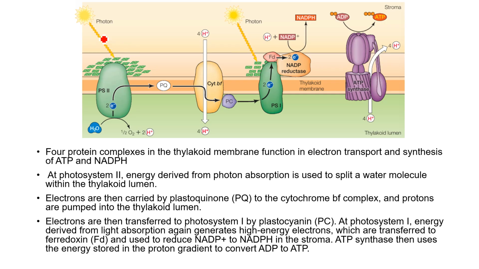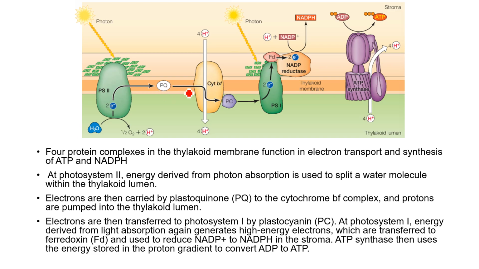In the light reaction, the photon first gets absorbed by the PS2 photopigment, and the energy absorbed is used for the photolysis of water. Photolysis of water takes place in PS2. The water gets hydrolyzed into protons and oxygen, and the electron that is released gets transferred from photosystem 2 to the cytochrome b6f complex via plastoquinone.